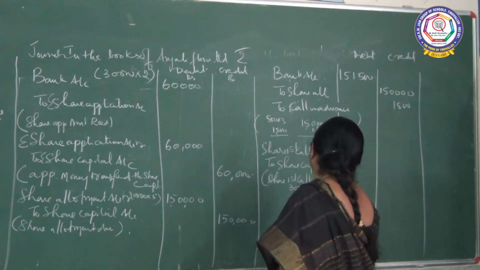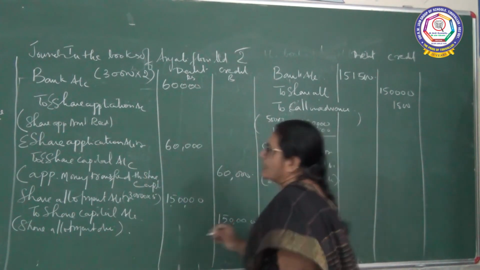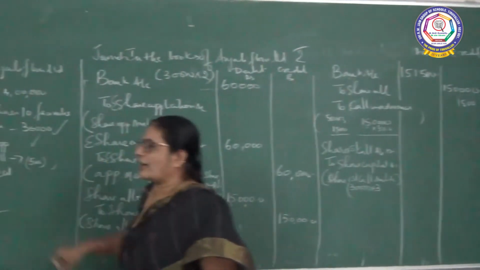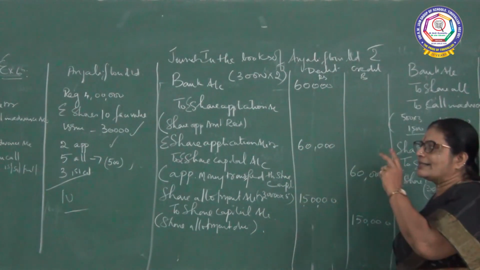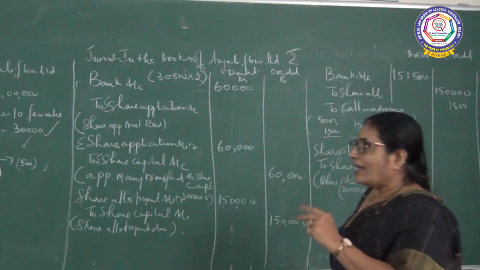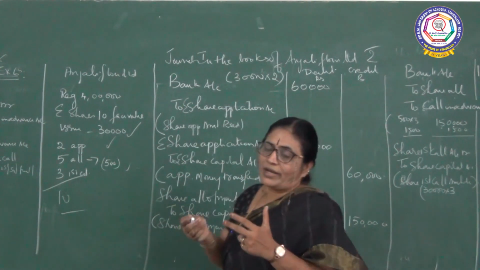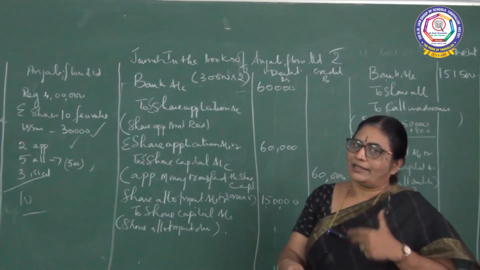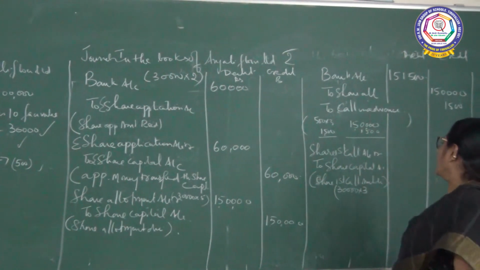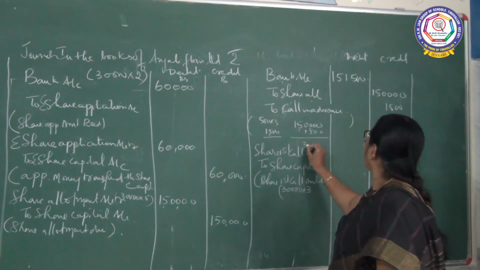The actual issue is 30,000 shares, and how much are you going to collect? 3 rupees. See here, 2 rupees on application, 5 on allotment, 3 on first call, so totally 10 rupees you are collecting in installments. You can collect it lump sum also, depending upon the company's rules. We have discussed how you can collect. This is your first call, 30,000 shares into 3.